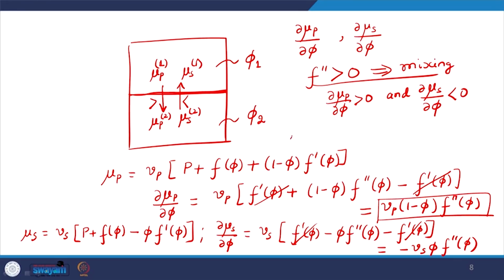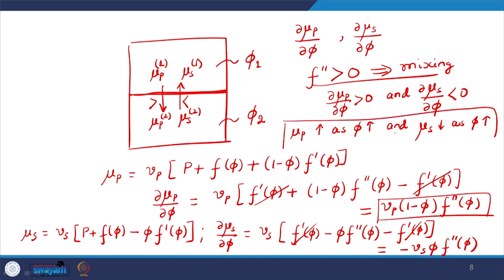So, this means that mu p is actually increasing as phi is increasing and mu s is decreasing as phi is increasing.